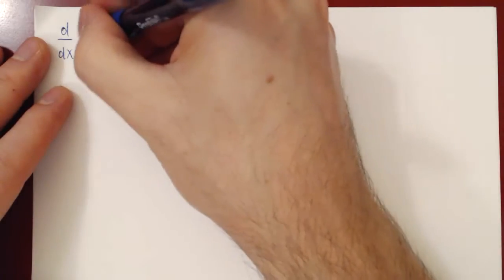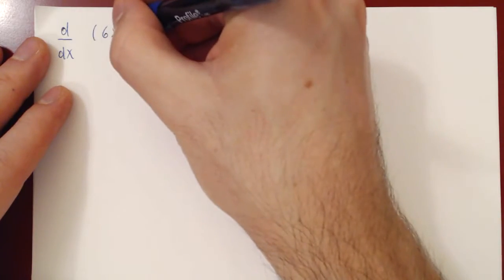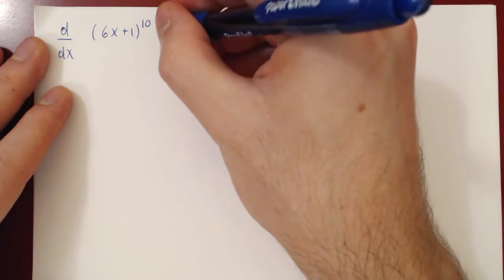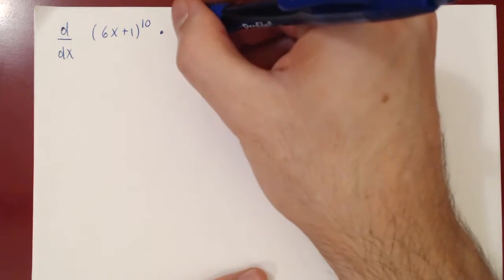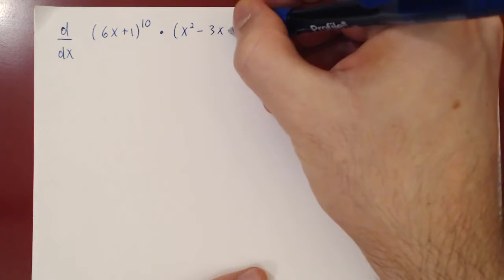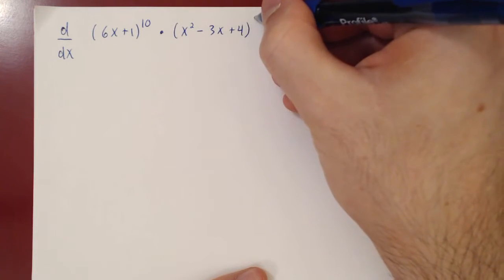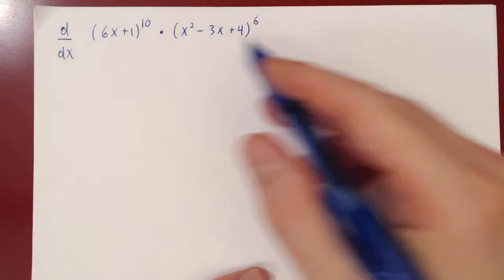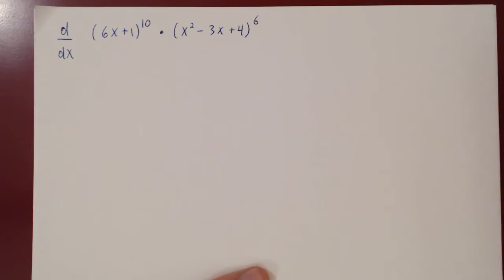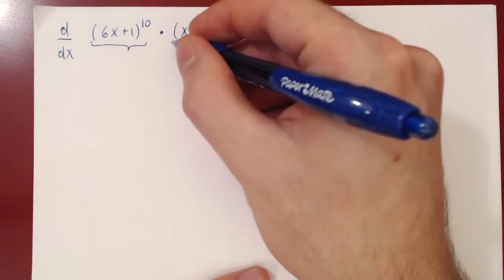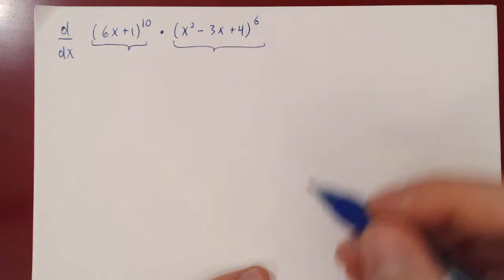We'll take the 10th power of 6x plus 1 times the 6th power of x squared minus 3x plus 4. So right away here we have to find the derivative of this product, so we have to use the product rule. So this is the first function. This is the second function.